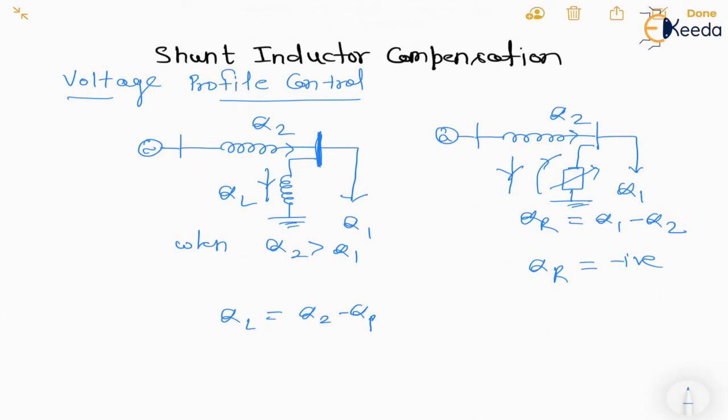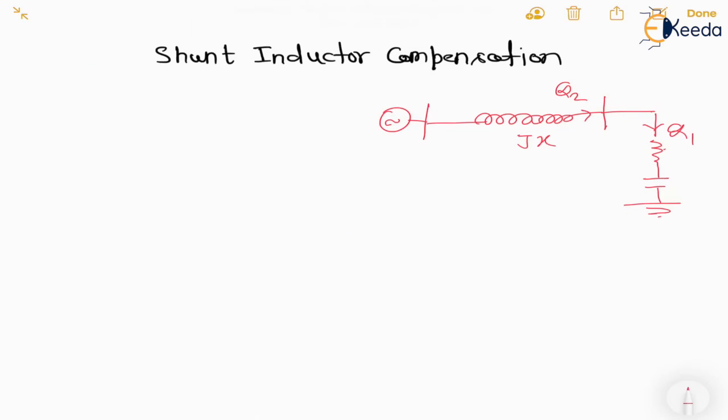Now we are going to see the effect on power factor control. Let us assume we have one system here. Q1 is the demand. For power factor improvement, suppose we have an RC load, meaning leading power factor, and we want to improve the power factor.